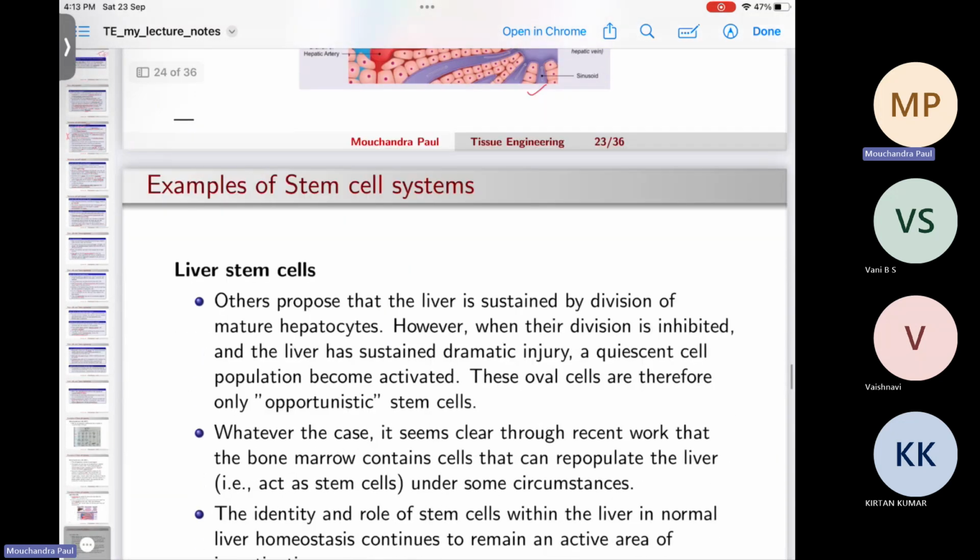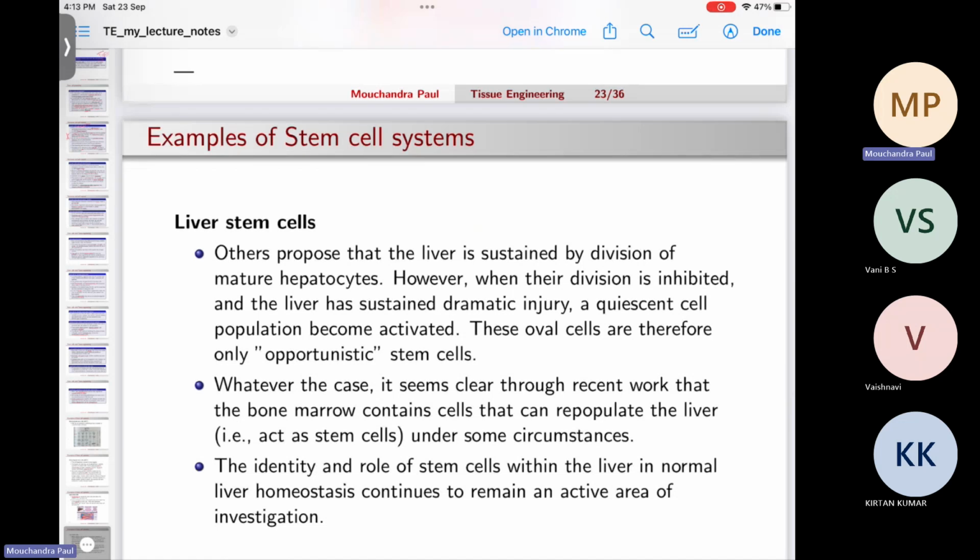Whereas another group believes that the cell population of the liver is completely sustained by the division of the mature hepatocytes. Means mature hepatocytes are the only ones dividing and maintaining the cell population, whereas the earlier proposal was that it is the stem cells which are continuously dividing.